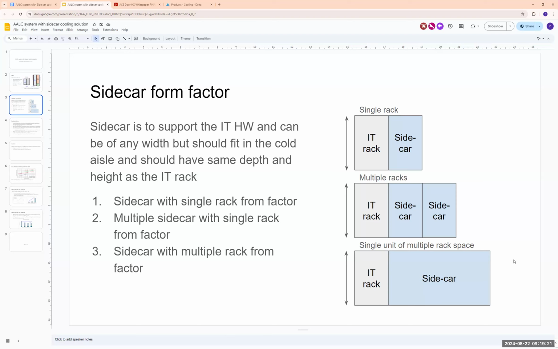Yeah, makes sense. Two years before, at OCP in San Jose, there was a presentation from Meta in which they explained the sidecar assisted unit using one sidecar for 2 racks. This is also possible for sure. Or vice versa. Yeah, back then I think the IT racks were very low density.